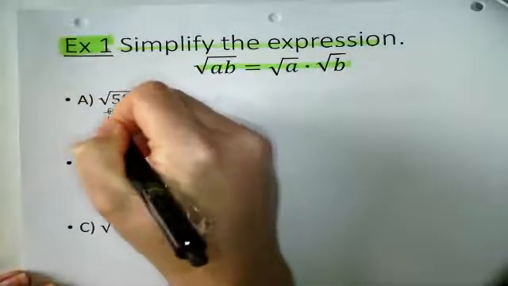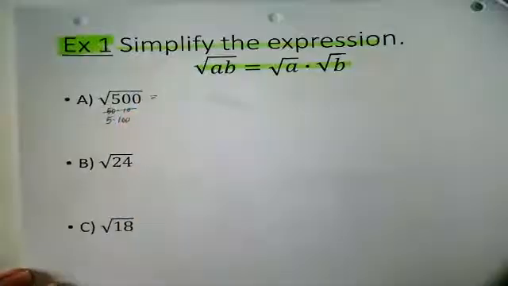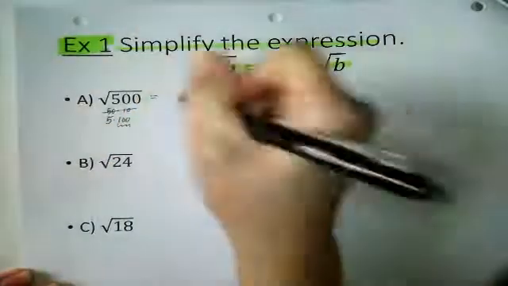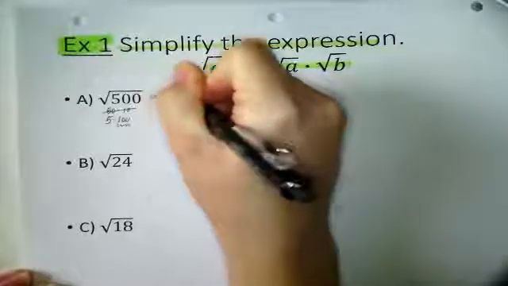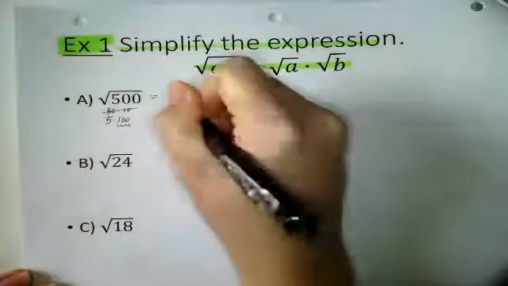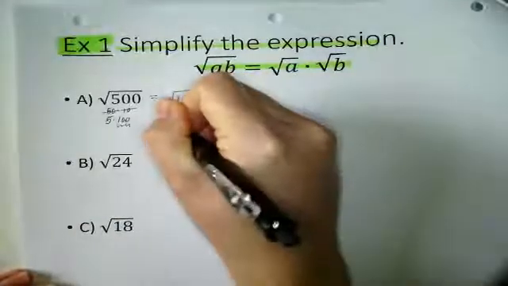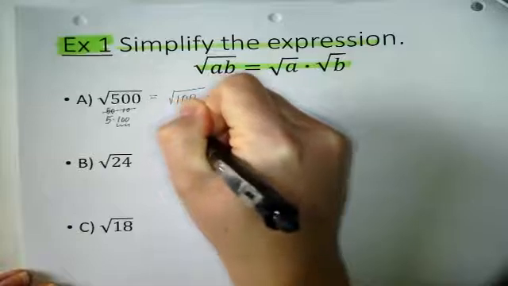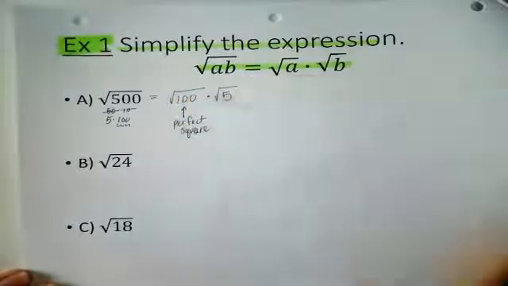In fact, 5 times 100 would be a great choice because this is a lovely perfect square. So I'm going to write this as the square root of 100 times the square root of 5. And the reason I chose 100 is because that is a perfect square. And in fact, it is a very large perfect square, the biggest one I can find.